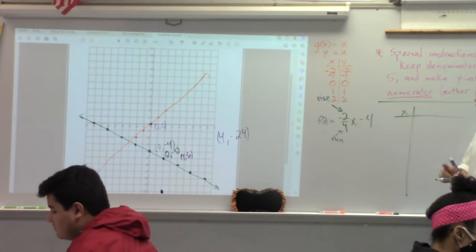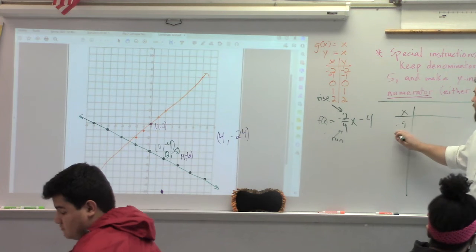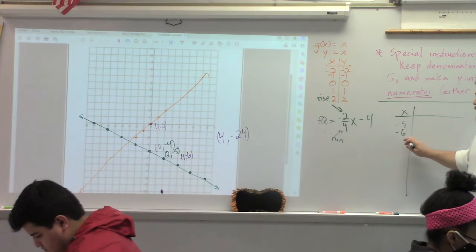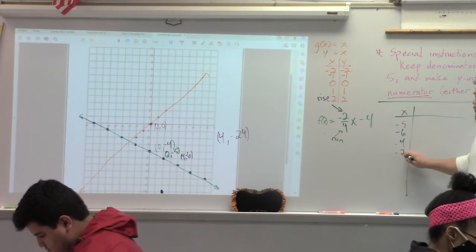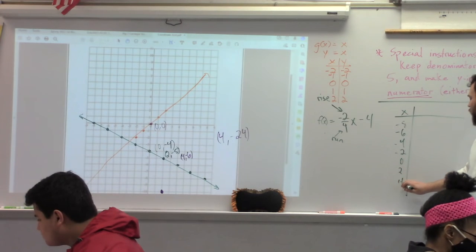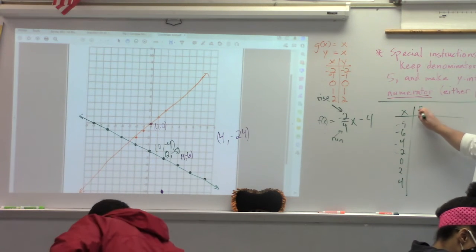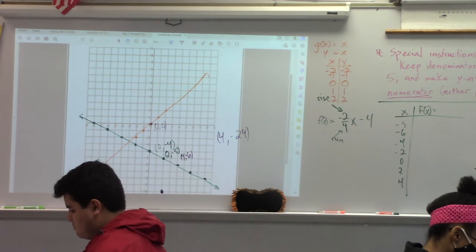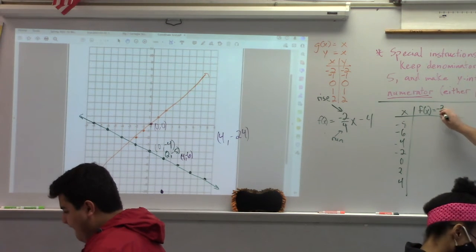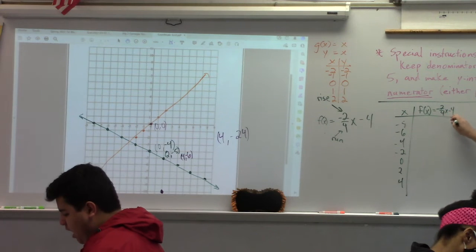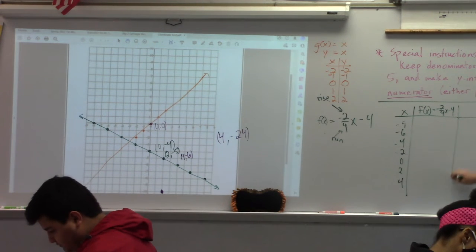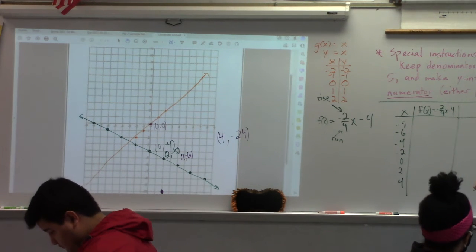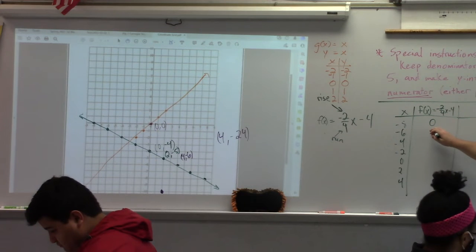But on the table, I'm just going to use the x values that I can easily see: negative 8, negative 6, negative 4, negative 2, 0, 2, and 4. And I want to remember that f of x is equal to negative 2/4 x minus 4. I don't have to do anything special. I can just look at the graph and get those points.